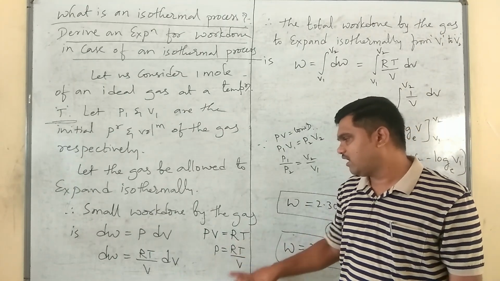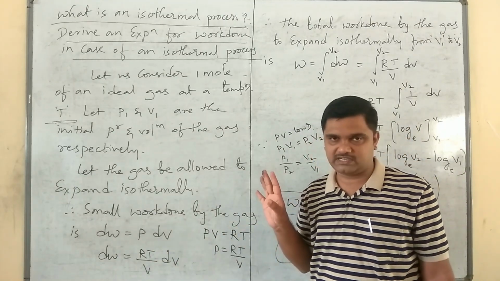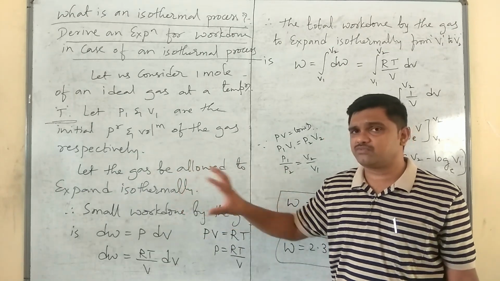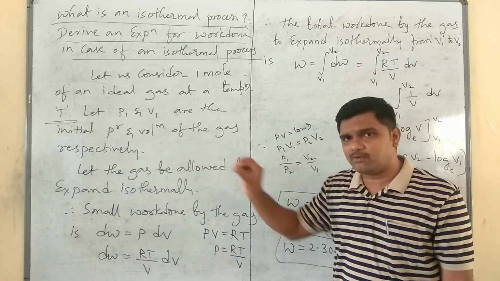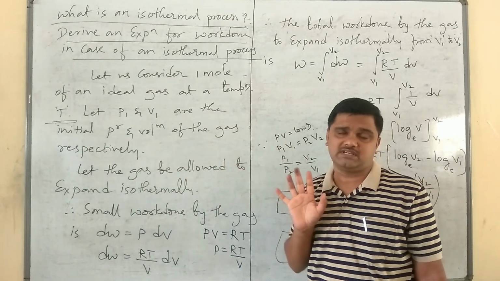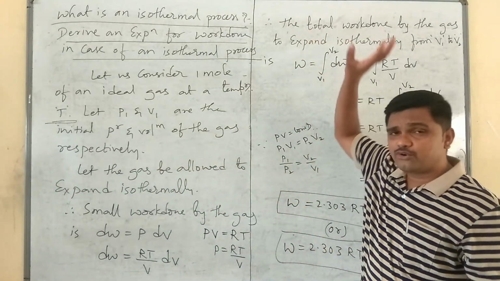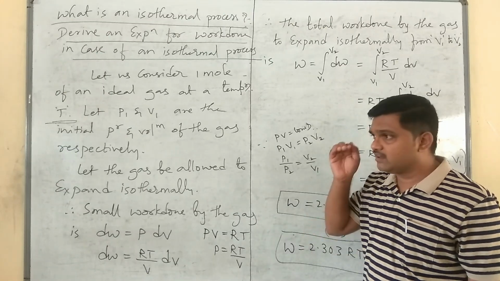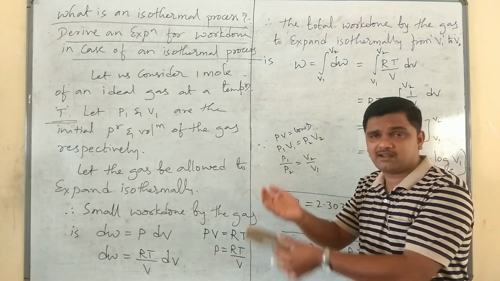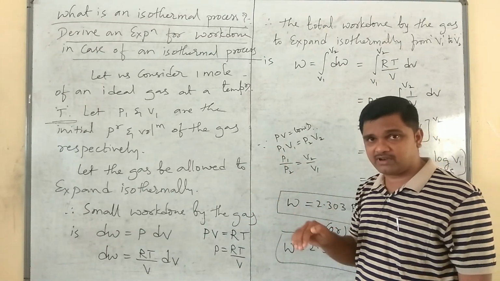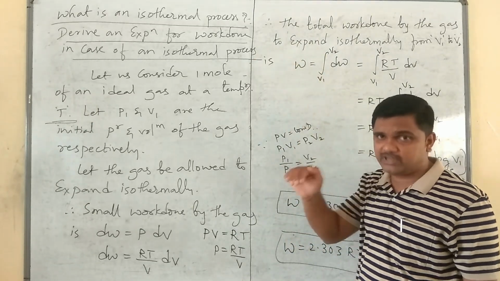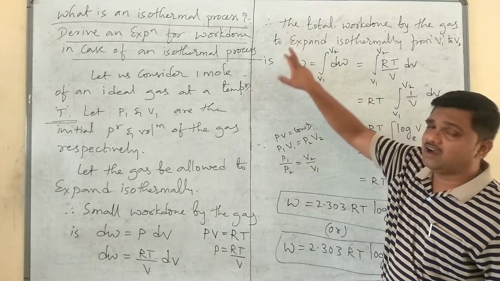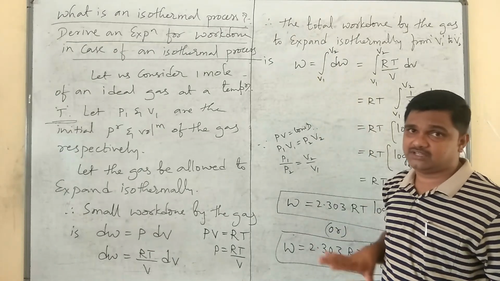In place of P, substitute RT by V. So this is the small amount of work done during that process. But to find the total work done by the gas when it is allowed to expand from initial volume V1 to the final volume V2, we have to go for integration.